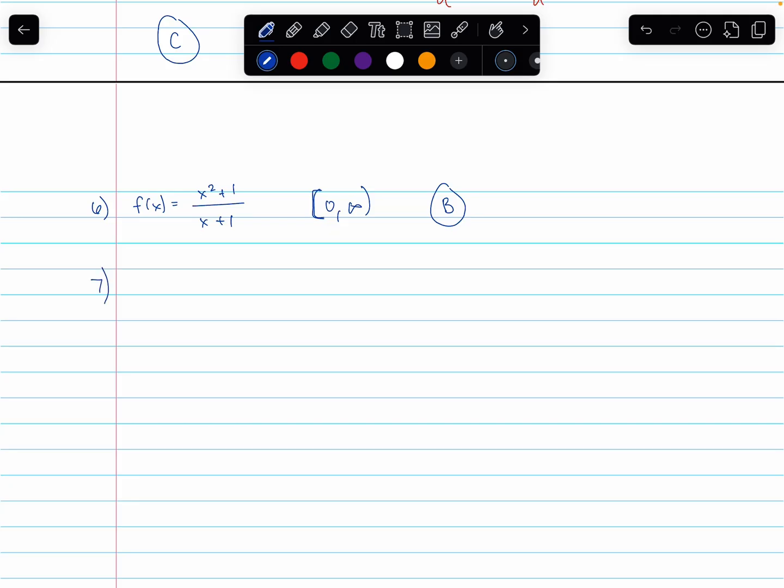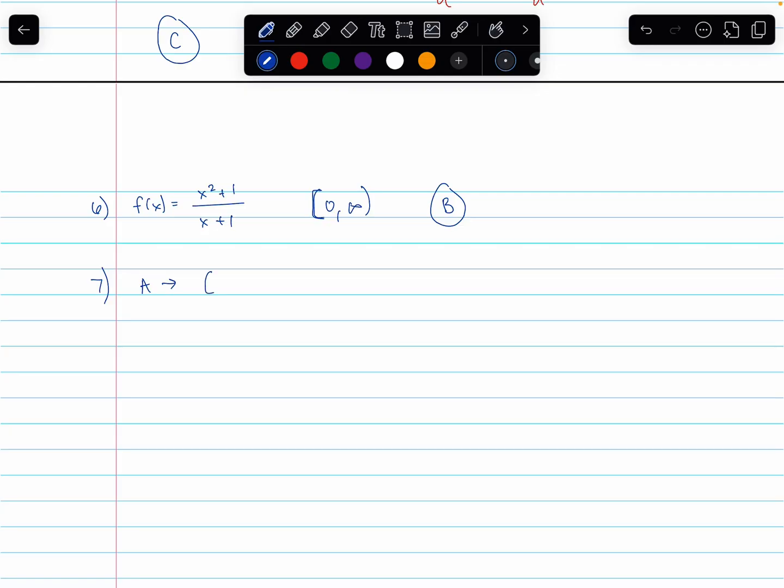For 7, select values of a continuous function f are given in the table. Which of the following statements could be false? So by the intermediate value theorem, checking option A: the intermediate value theorem applied to f on the interval from 0 to 4.